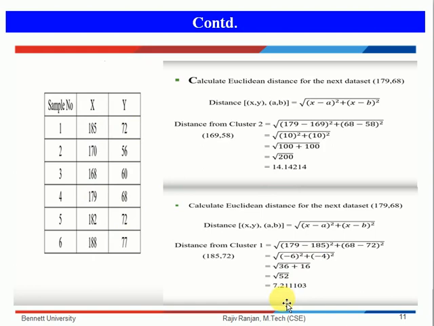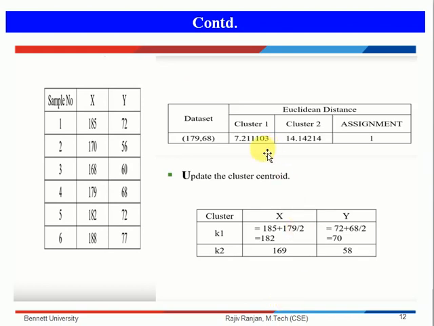Now tabulate these two results and compare them. We can see that 7.211103 is the minimum value, and this belongs to cluster 1. So the data set 179 and 68 will be part of cluster 1.